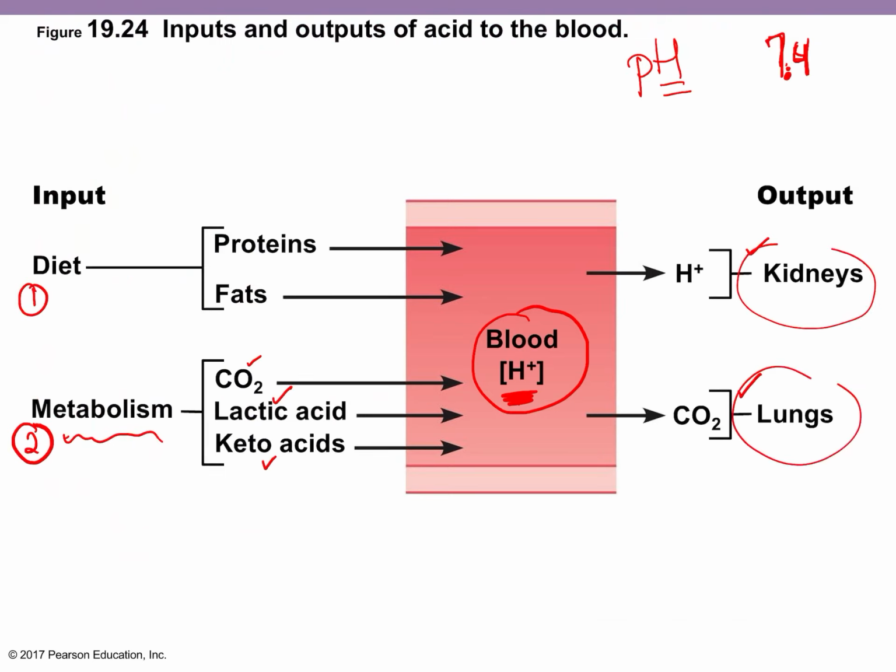Our kidneys and our lungs are the 2 organs that can help with the pH of our body. So there are respiratory disturbances that can cause changes in pH, right? So we call that respiratory acidosis or respiratory alkalosis. Okay, that's due to this carbon dioxide buildup.